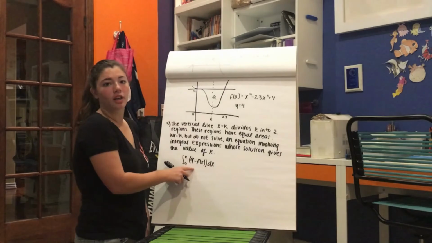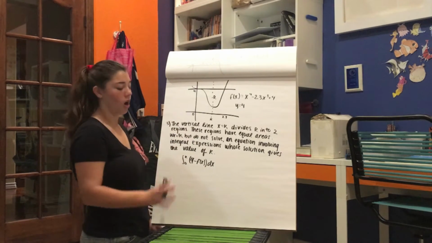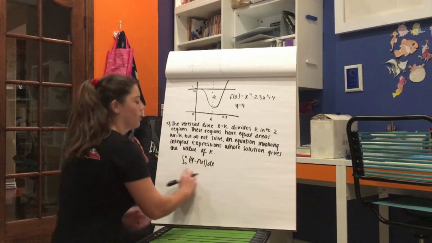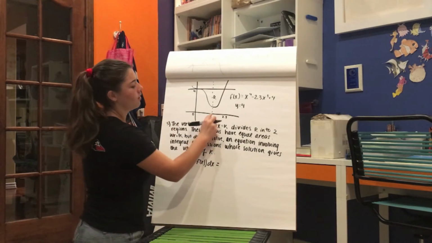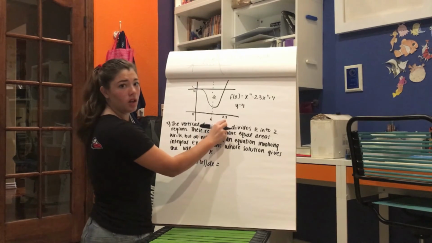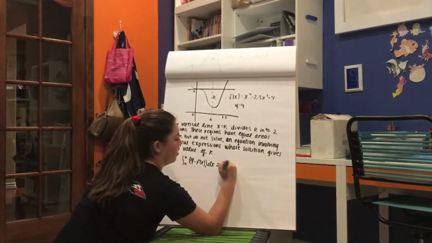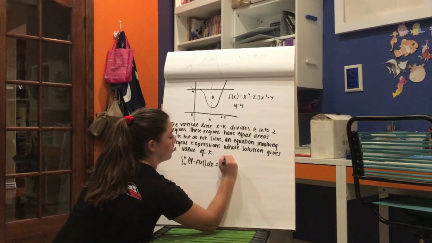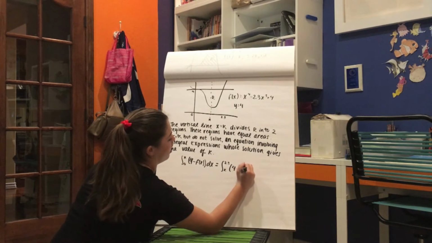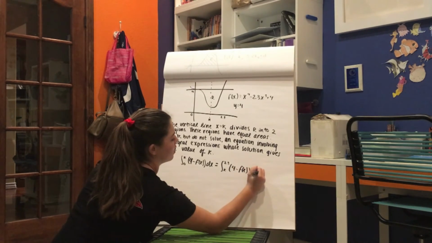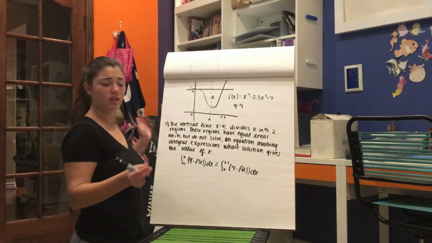And you're not squaring it because it's the area. It's asking for the area, not the volume, so do not square it. Then your next integral is going to equal the area from k to 2.3. That's your second integral, and it's going to be from k to 2.3 of still 4 minus f of x dx. And that is all it's asking for.